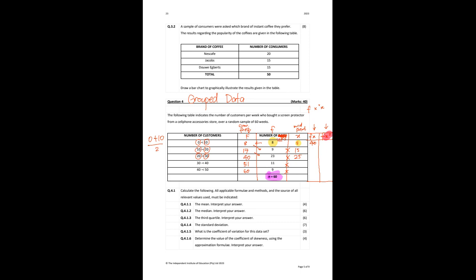So for instance, the first one would be the frequency of 8 multiplied by x is 5, and it's 5 squared. So basically 8 times 25. And then the next one would be 9 times 15 squared, and then 23 times 25 squared. And you'll continue in that manner until you get all of your fx squared.